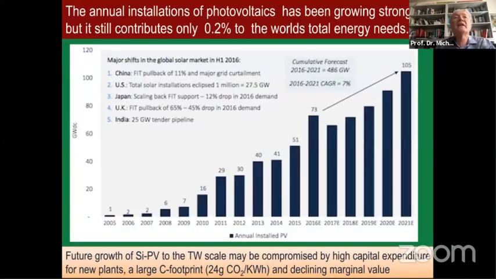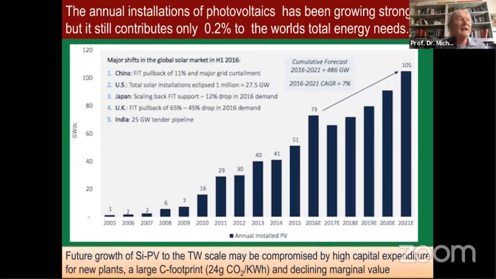Silicon is growing, but the increase is not enough. It's about 100 gigawatt installed every year. That's peak power. But we need at least 20 terawatts. So at this rate, we would take 200 years to get to this kind of capacity.